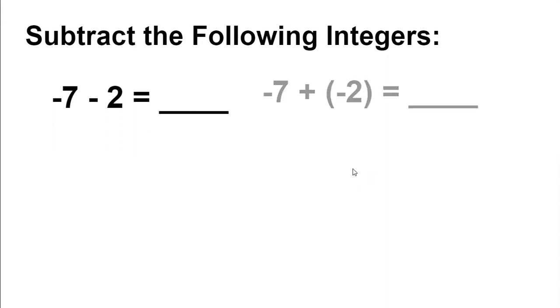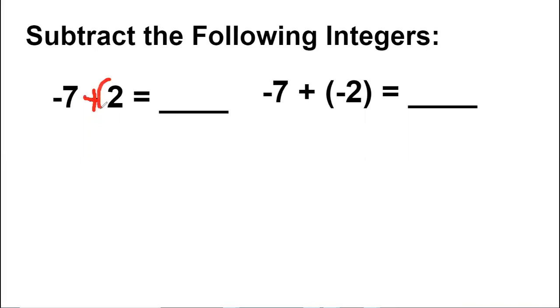Okay, let's subtract the following integers. -7 minus 2. Pause the video, figure out the answer, come back on. -7 minus 2. Okay, it's the same as -7 plus -2. Remember, we're going to change the minus sign to a plus sign.